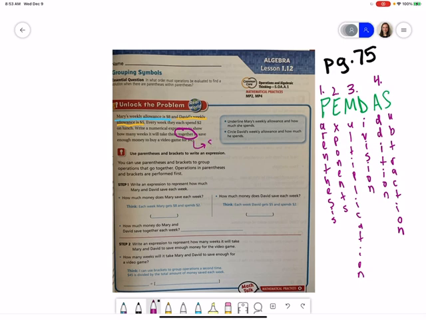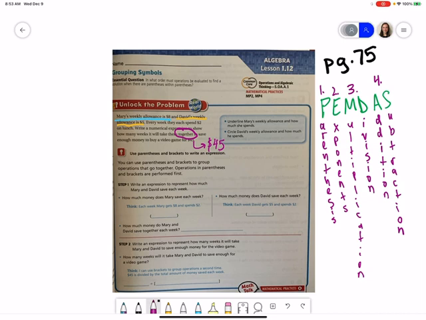I'm going to put that over here so we can see it better. $45. So each week they also both spend $2 on lunch. Every single week they're spending $2 on lunch.